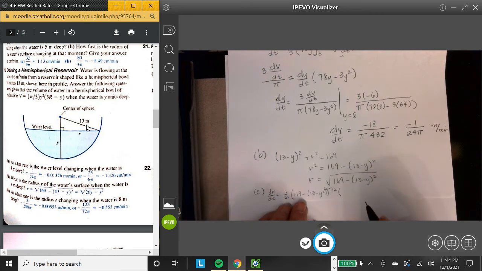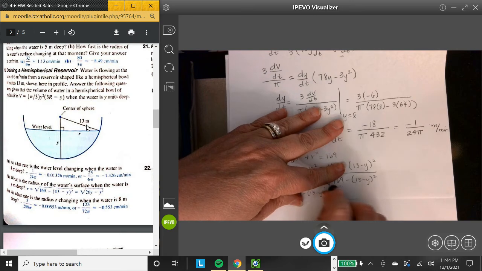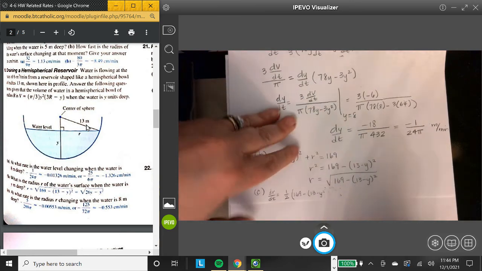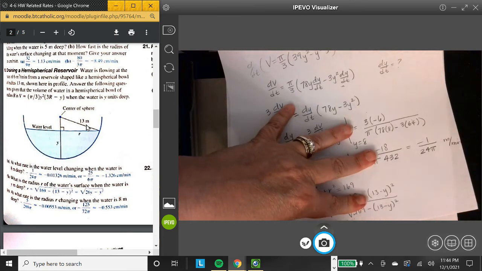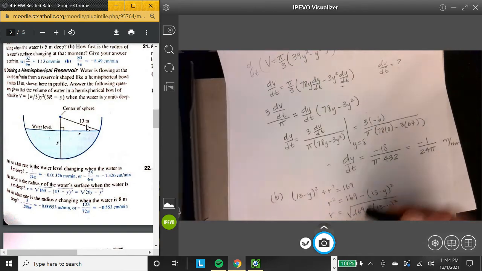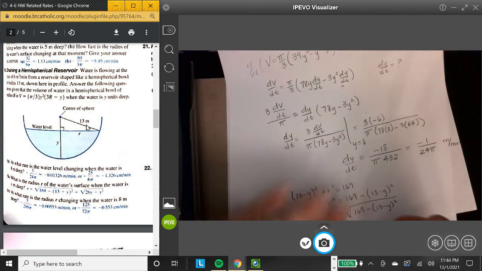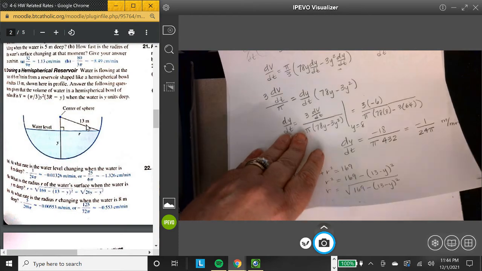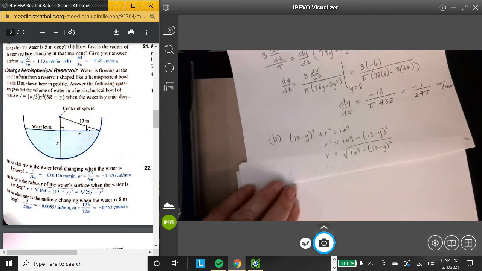Let me make this clearer. I'm running out of space, and that's not a good thing.